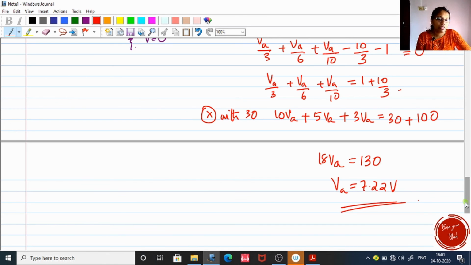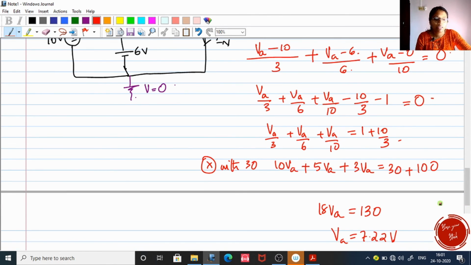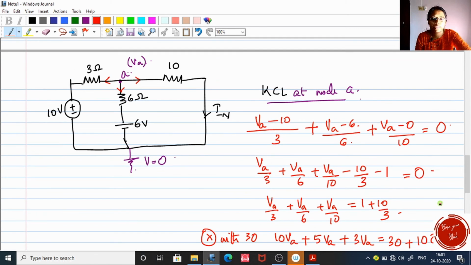Okay, but our aim was to find this IN, isn't it? Anyway, VA is got as 7.22 volt. So what's the current through this 10 ohm resistor? Current through the 10 ohm resistor is the voltage across this 10 ohm, that is 7.22 volt, divided by 10, which is 0.722 ampere.